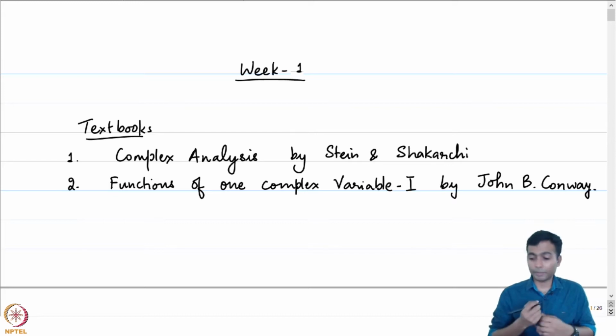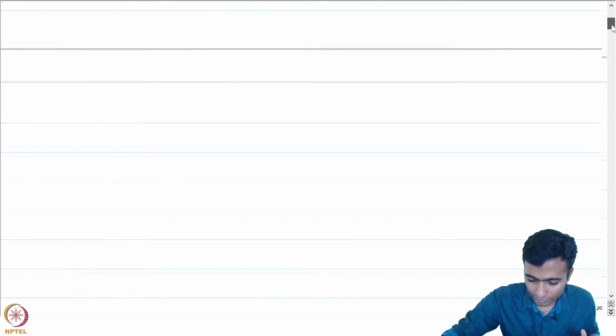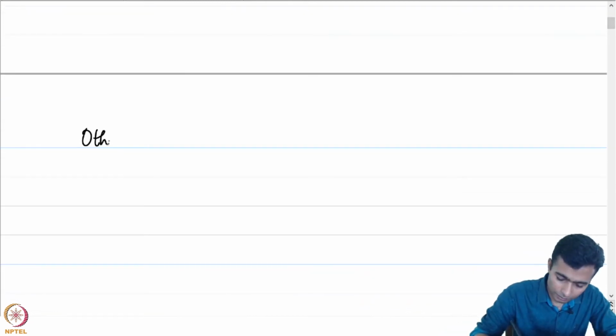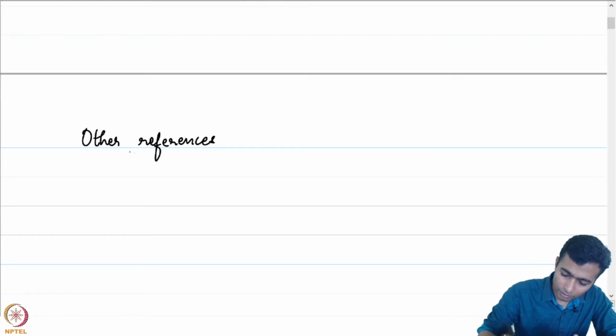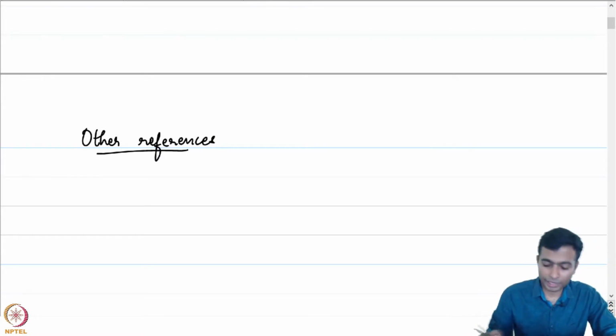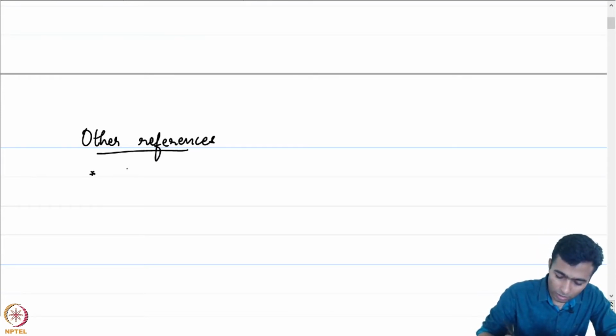Of course, there are many beautiful books written in this subject. Maybe I should give a few other references. So there is this age-old classic, Complex Analysis by Lars Ahlfors.